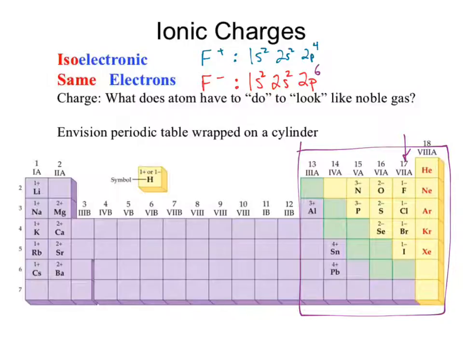Yes, because it's in the same column. Remember, we get trends of chemical reactivity within the column. That's why we call them groups and families. This was the whole power behind Mendeleev's periodic table and its organization. So if I can determine what one of those is going to be charged, everything in that column should be that same charge. And if we go through and take a look, that matches the rest of the periodic table, at least for the ones that are specified.